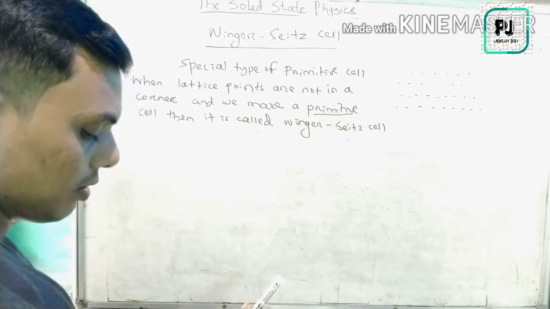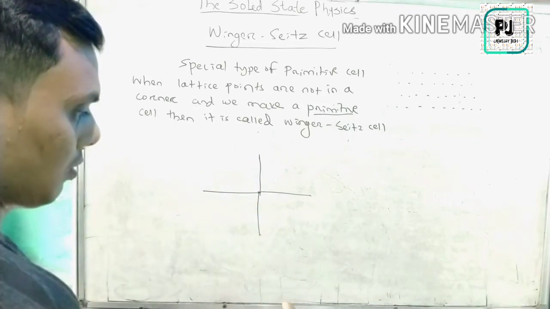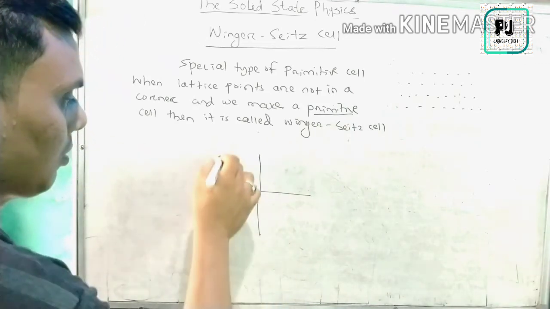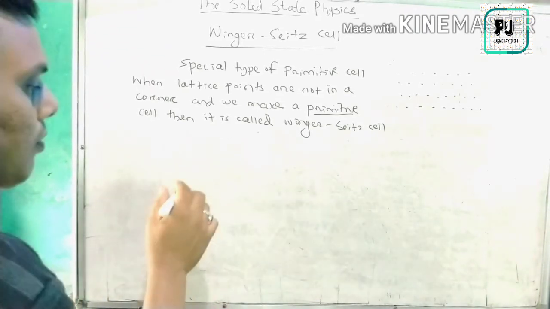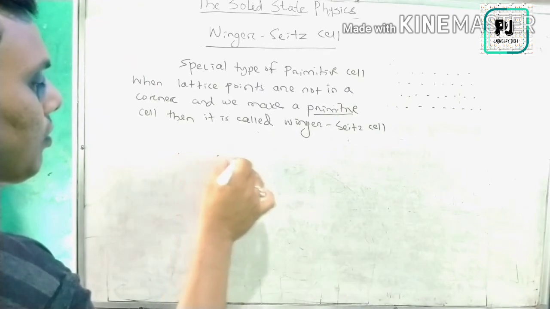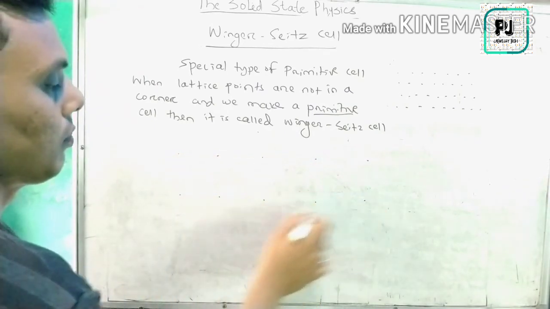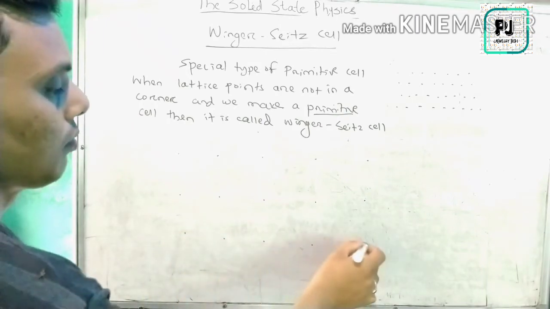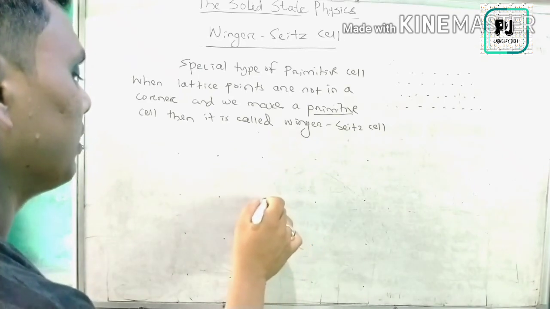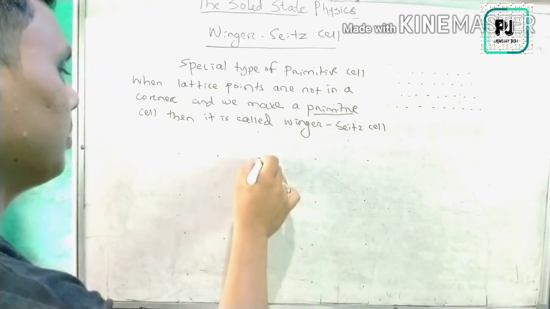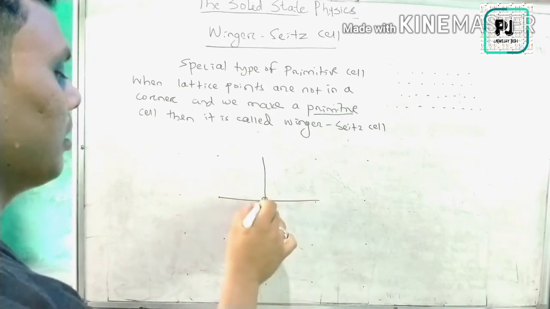Okay, how can I draw these things? Suppose I will take this point, this side, this side, this side, this side.